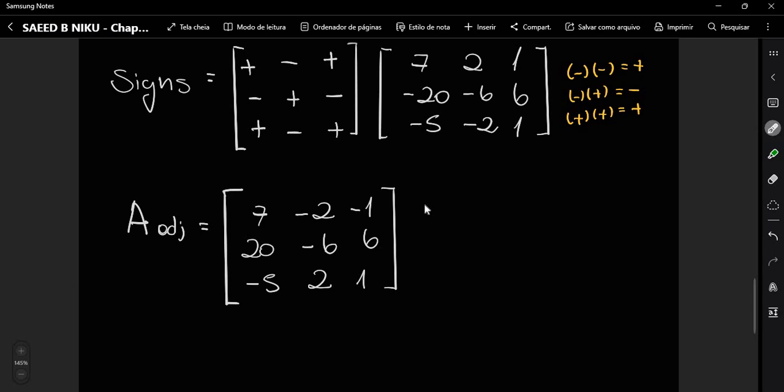And we find the inverse when we divide by the determinant of the matrix.